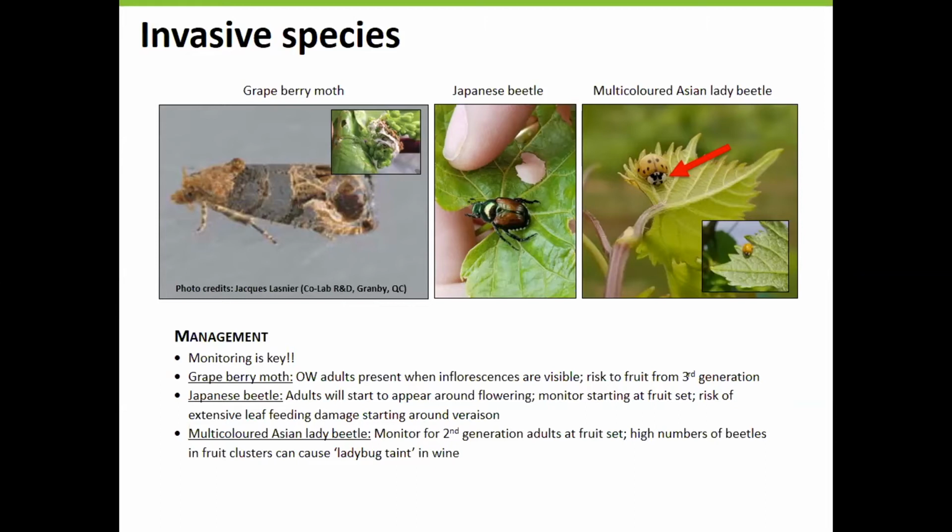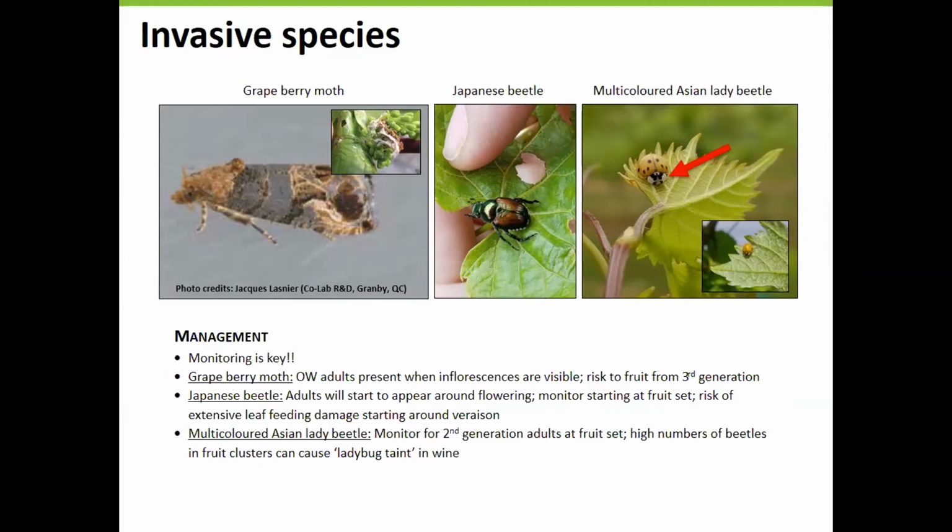Once it gets into the clusters, there's a lot of webbing, and the larvae literally eat their way through the berries. And if you have tight clusters, they'll just go from one berry into the other. They make the berries unmarketable, unusable. And then they invite other problems like botrytis into the feeding injuries.